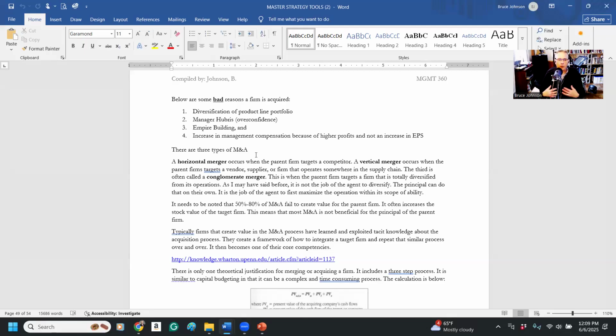A conglomerate merger is very common with conglomerates like Johnson and Johnson, General Electric, Sony, Disney. They all have holdings in what might be thought of as diversified businesses or manufacturing and things like that. They're typically a little more successful doing that because their specialty is coming in and running companies.